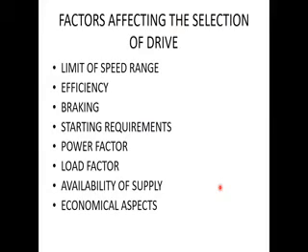Power factor is the angle between voltage and current. This can be considered. Like load, what load is applied to the electrical machine? Then the availability of supply, whether there is any distortion or variation in the power supply. And finally we consider the economic aspects when we select the drive: the initial cost, running cost, and maintenance cost. These should be considered.